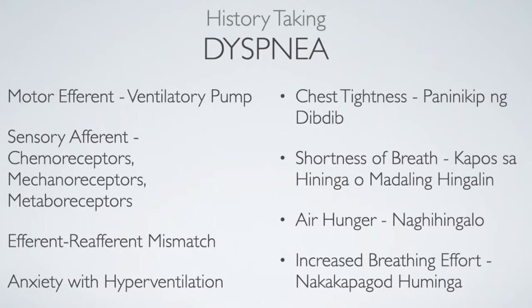All right, so we move on to the next concern in history taking, which is dyspnea. Now, dyspnea is a relatively complex symptom, but we need to understand the basic idea of breathing. So you have the drive of breathing coming from the midbrain, and this is influenced by receptors in your ganglia, which is also present in the midbrain, also present in your carotid and your major blood vessels.